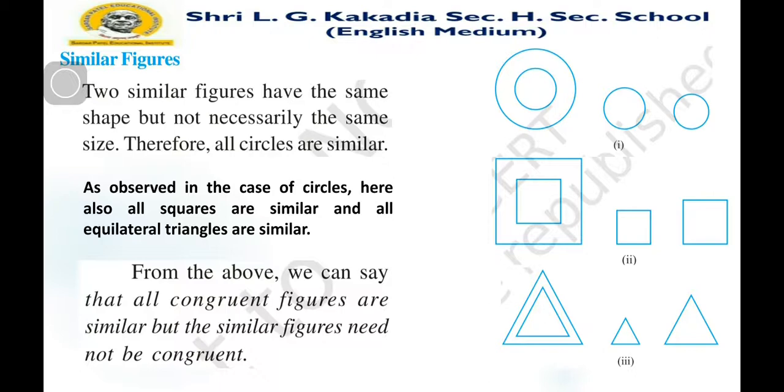In congruence, both figures have the same shape and the same size. But in the similarity rule, it is not necessary to have the same size. So the converse is not true.